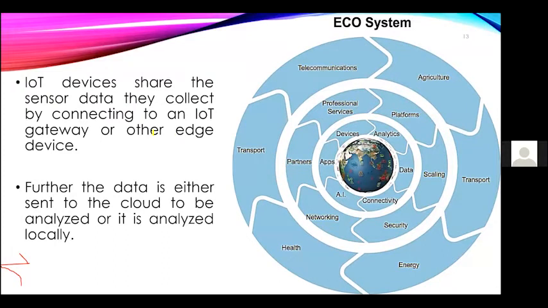IoT devices share the sensor data they collect by connecting to an IoT gateway or other edge devices. Further, the data is either sent to the cloud to be analyzed, or it is analyzed locally.